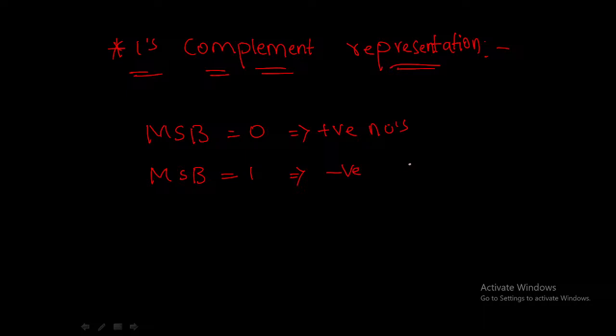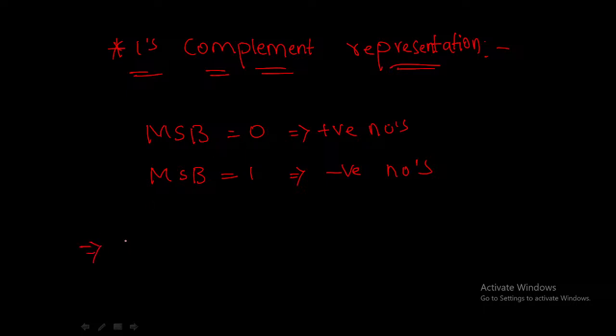Here also, the MSB is 0 for positive numbers and MSB is 1 for negative numbers. In ones complement representation, the positive numbers remain unchanged.